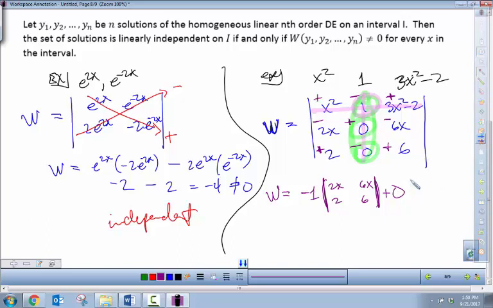So I'll have 0 times another 2x2 matrix that's going to be left after I cross out the row and column in which that belongs. So that's x squared, 3x squared, minus 2, 2 and 6. Now I didn't have to write that because this is multiplied times 0 already, so this is useless information. But I just want to show you where that comes from.